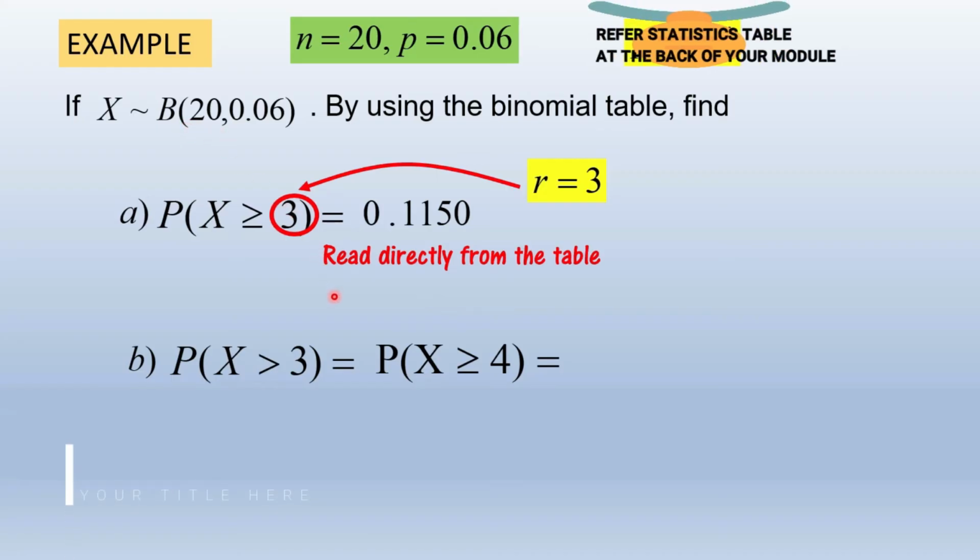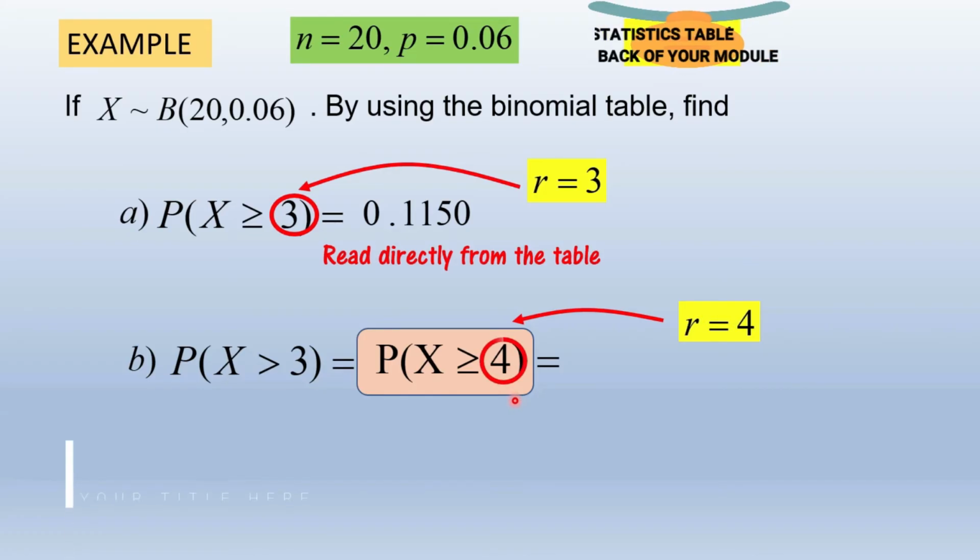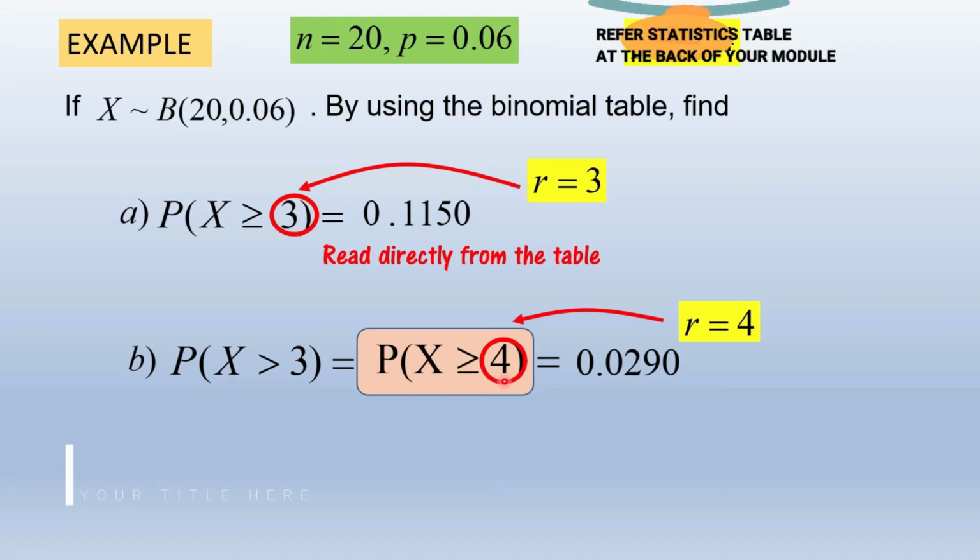Okay, so by using the table, take note that 4 equals r here. So r equals 4. So one more time, from the table, we can get the value 0.0290. Okay, so for probability x more than 3, you cannot read from the table. So you need to change to x more than or equal to 4.